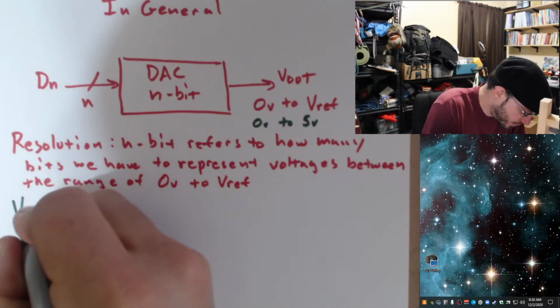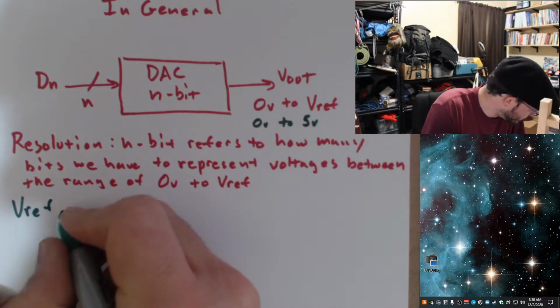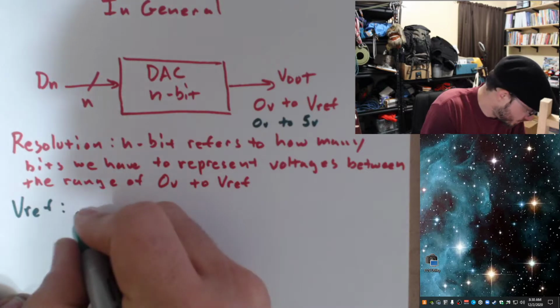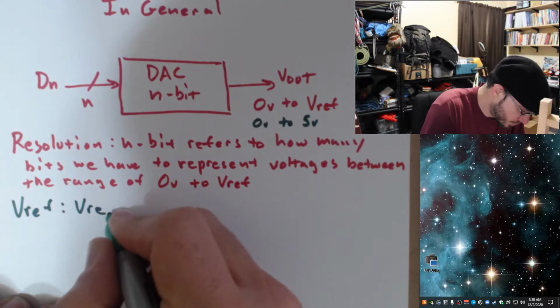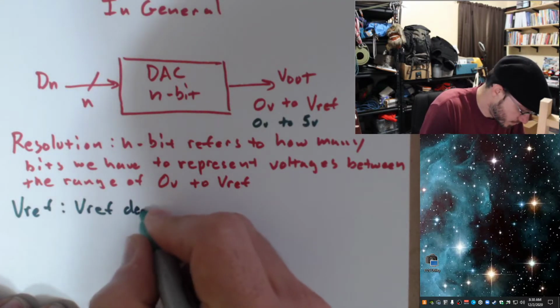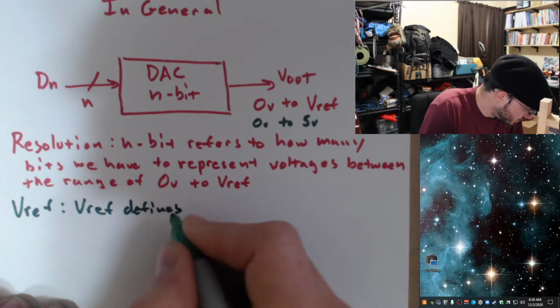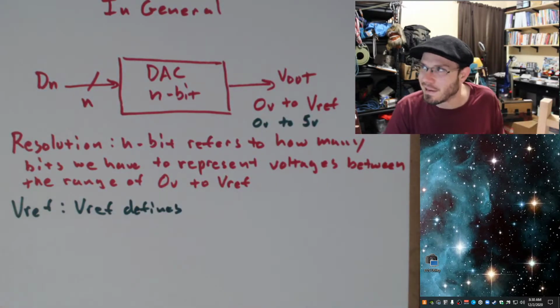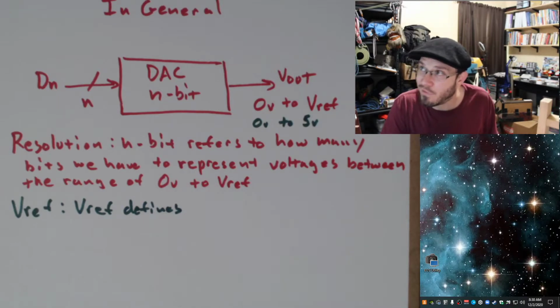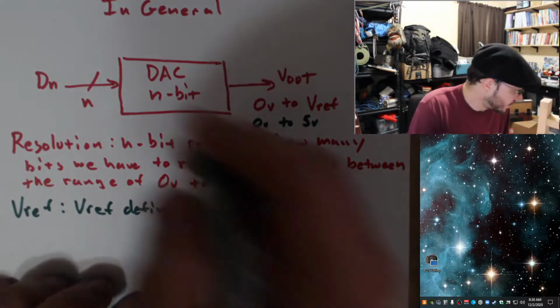And Vref defines the max analog voltage out that we can get from our digital to analog converter.